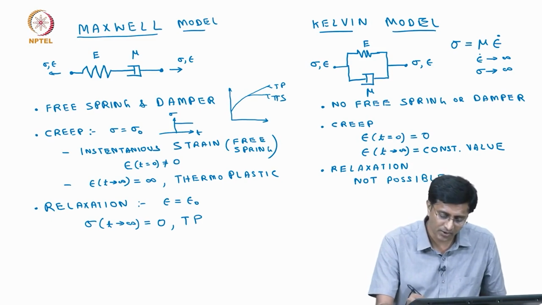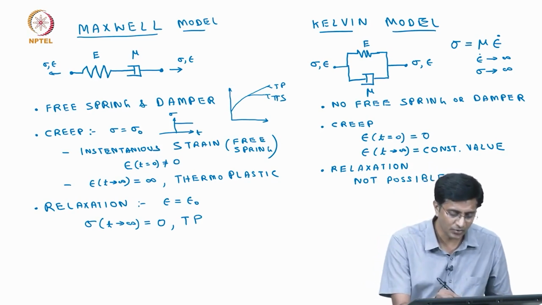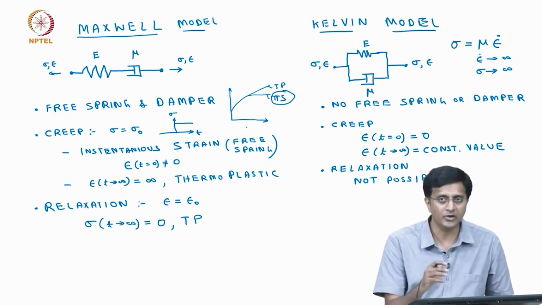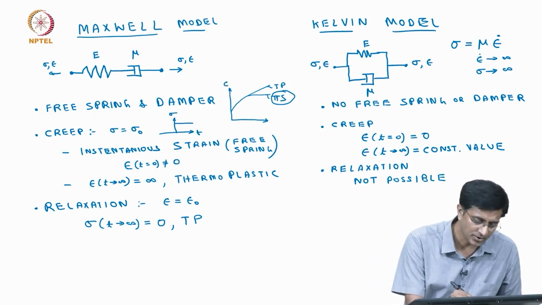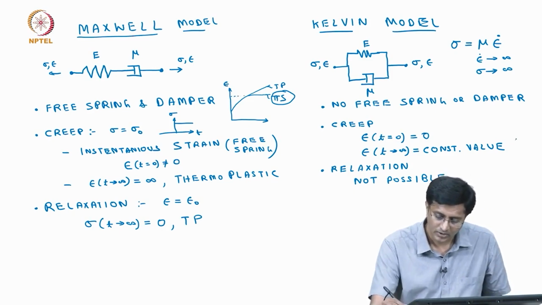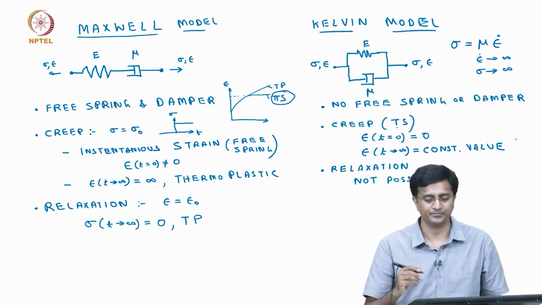Looking at creep, we said if we wait for longer, it should also come to a constant value. Earlier I have shown you already. Thermosets are the ones where, even if you wait for very long times, there is no change in the corresponding strain, so it reaches a constant value. So, the creep test very well represents the thermosets and not the thermoplastics.